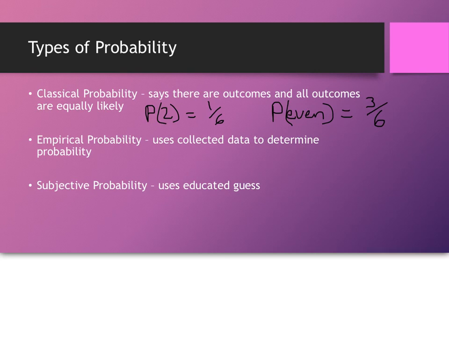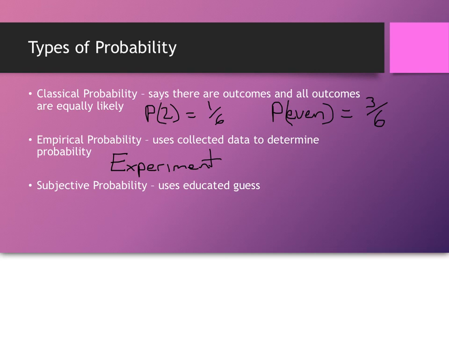Basically, think about empirical probability, there was probably some sort of experiment involved to get the data. There was an experiment that happened where they collected the data. So they gave a lot of people medication. Some of them came back and had a reaction. Some of them didn't. All right. So it uses collected data.